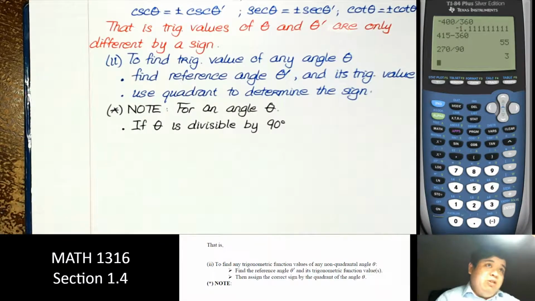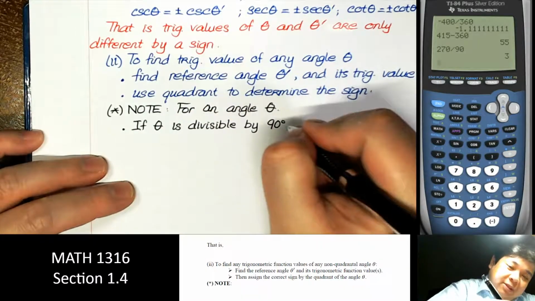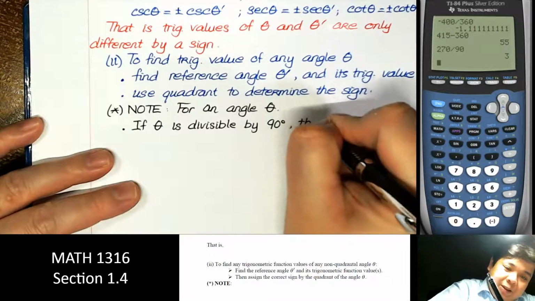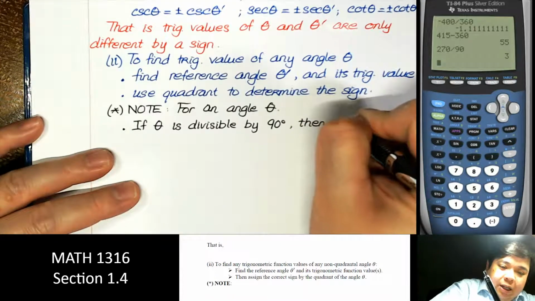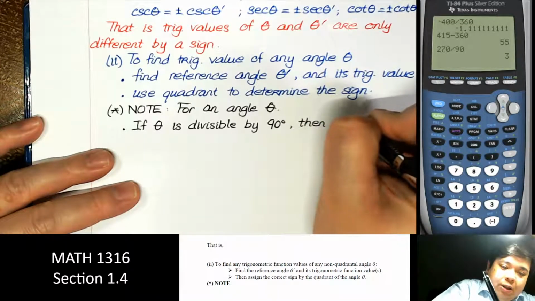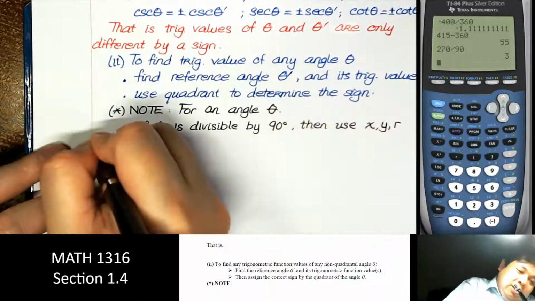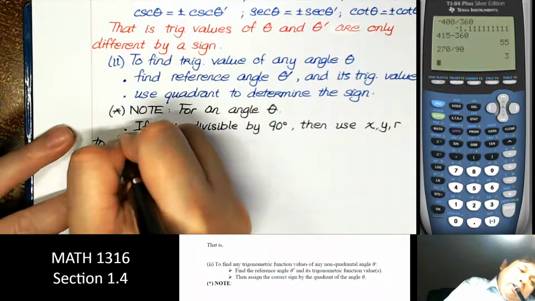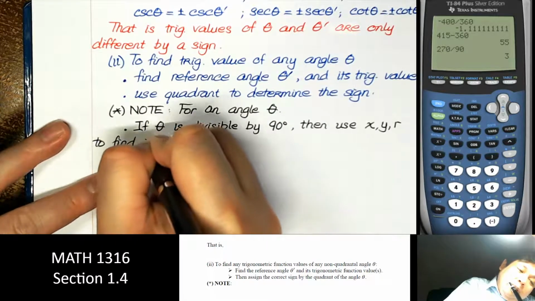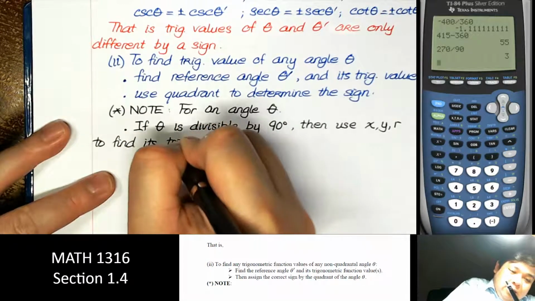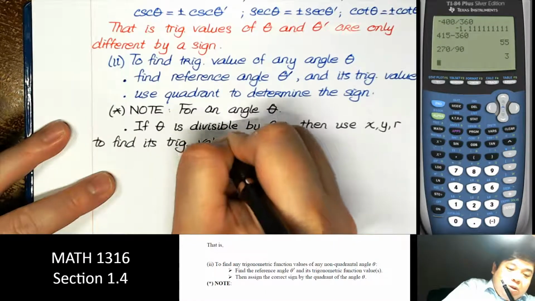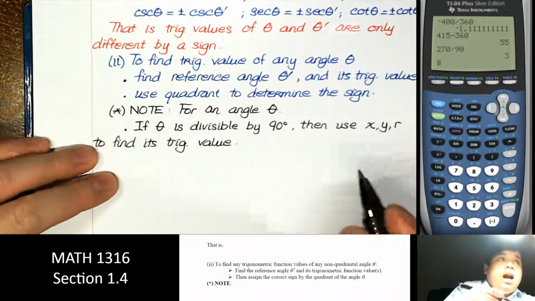That's what I mean by divisible by. Or I should say, it's a multiple of 90. Then use x, y, and r to find its trig values. So we're not going to use anything special if it is divisible by 90.